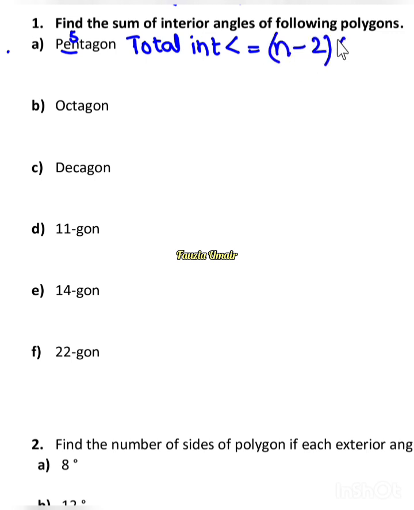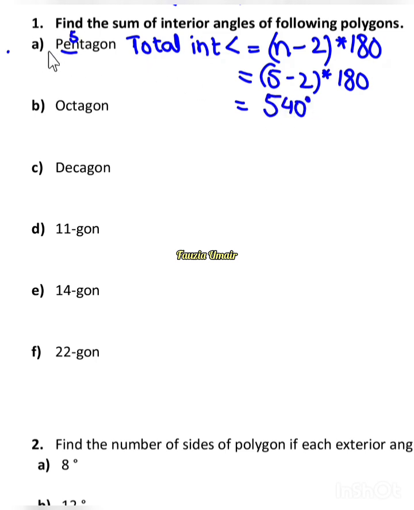This is a general formula. Now we need to put n as 5, because this is a pentagon. So 5 minus 2 into 180. 5 minus 2 would be 3, and if you multiply 3 with 180, you get 540 degrees. So if it's a 5 corner shape, the total interior angle would be 540.